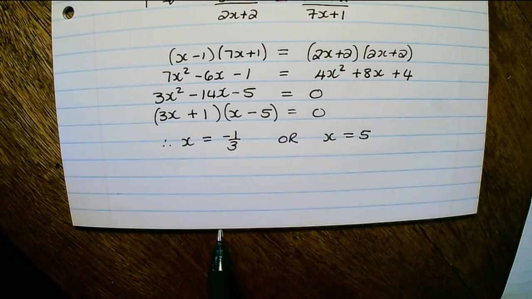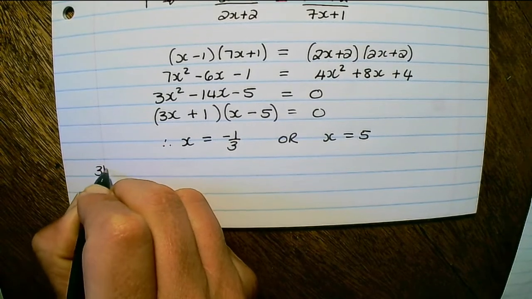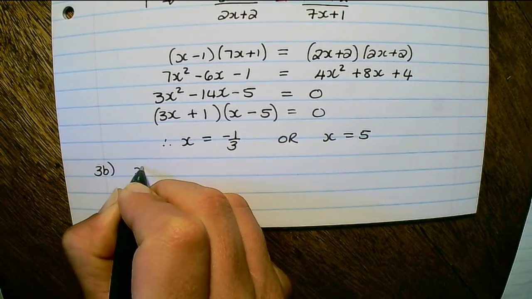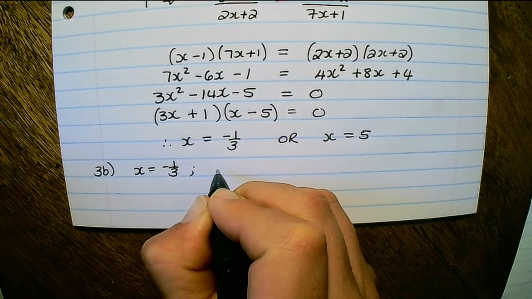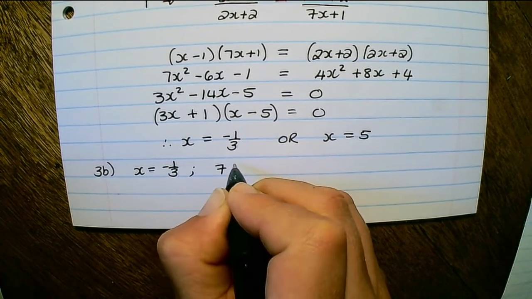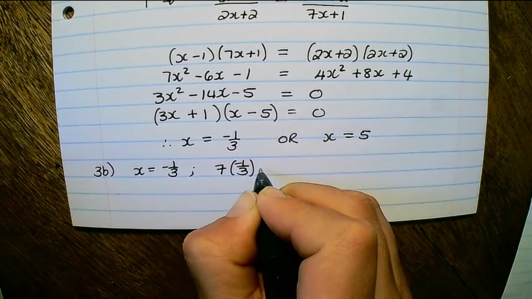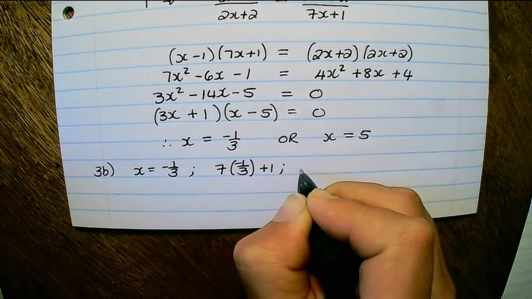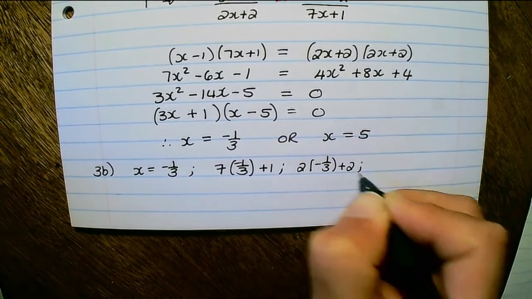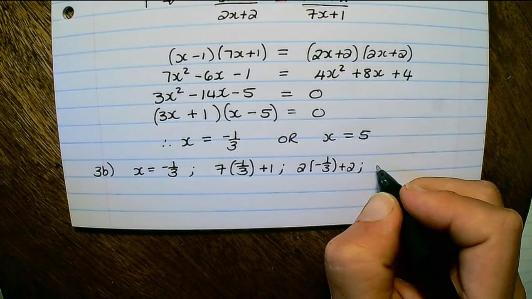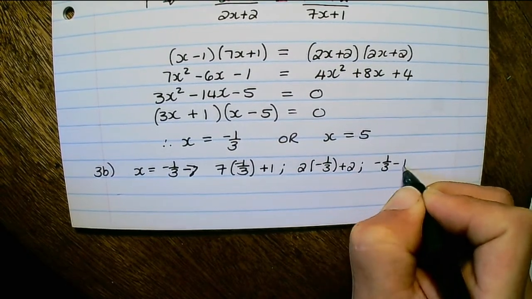And the second question said, determine the first three terms. So for x equals negative a third, we have 7 times negative a third plus 1, 2 times negative a third plus 2, and negative a third minus 1.